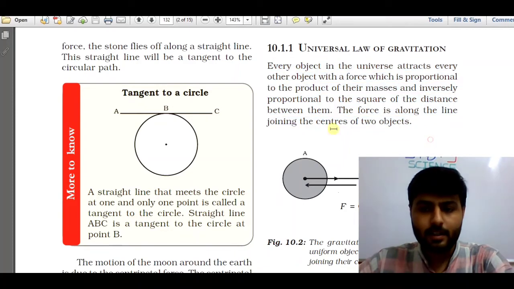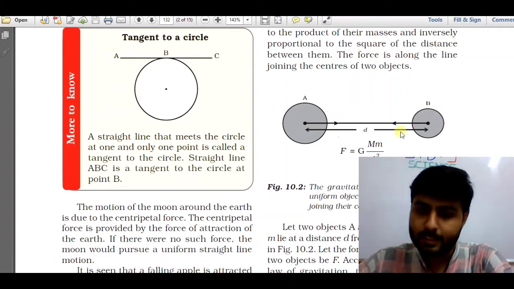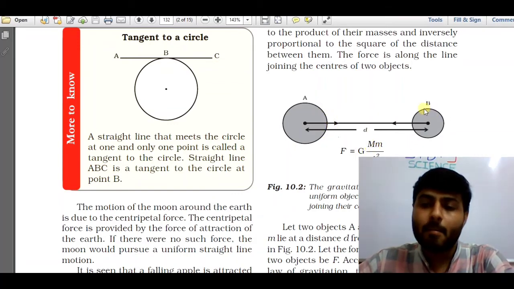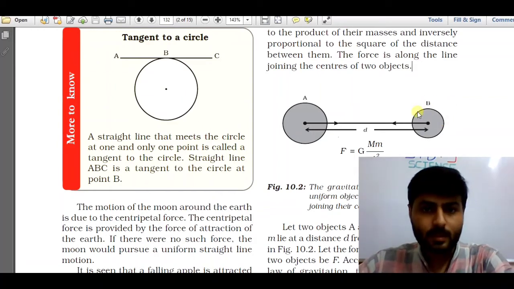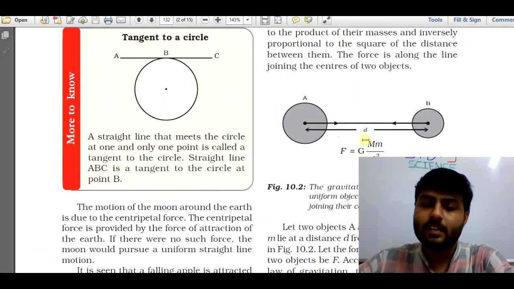For example, here we have two objects, let's say object 1 that is A and the second object is object B. The mass of object A is capital M and the mass of object B is small m. And we have the distance between these two objects as d, as we can see here.